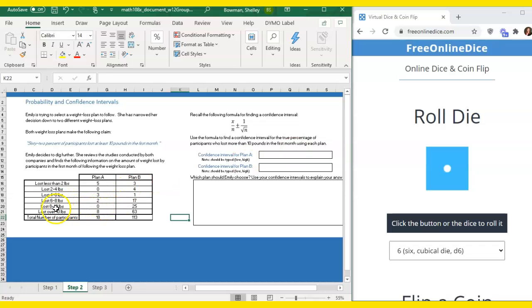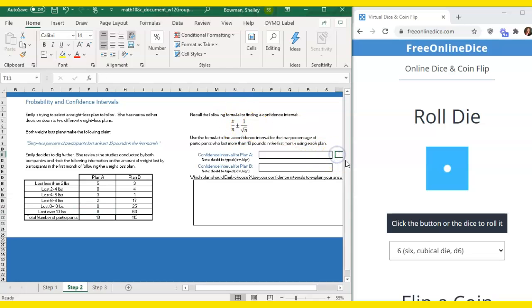We're not going to use the 8 to 10 pounds because that doesn't include 10 pounds or more. So let's start with plan A. Our number that we're interested in is 8. So that will be our x.